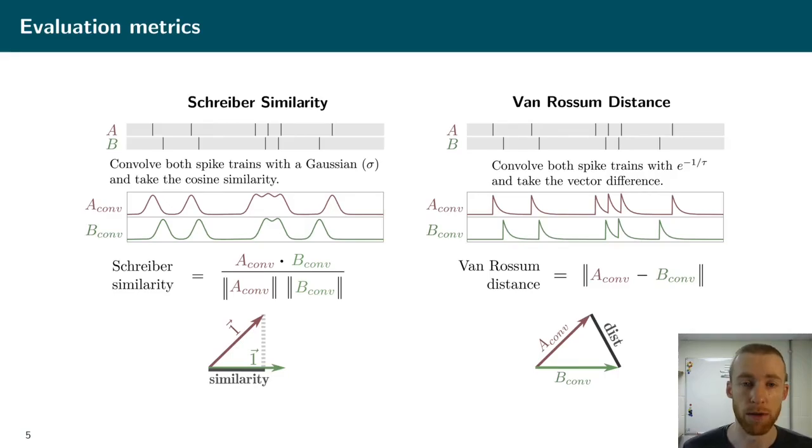We also report the Van Rossum distance, which can be understood as the Euclidean distance between the smooth spike trains. These metrics both have a smoothing parameter, and we will consider performance over a wide range of values for these parameters. I know I'm brushing over these ideas briefly, but the main thing to recognize is that we are evaluating models based on their ability to predict spike trains.